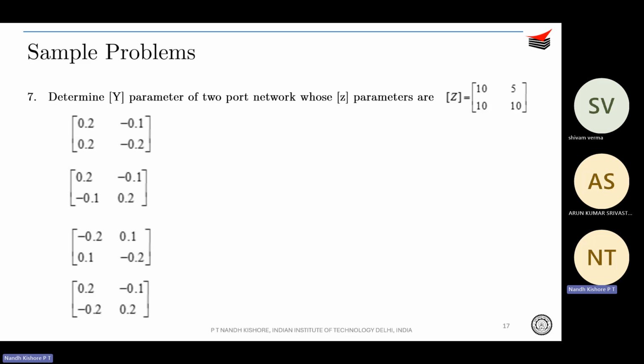All right. So that was the question. We will continue doing questions on the two-port networks, and then we will go ahead.